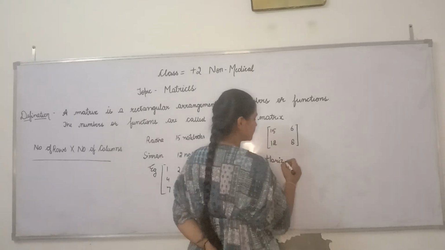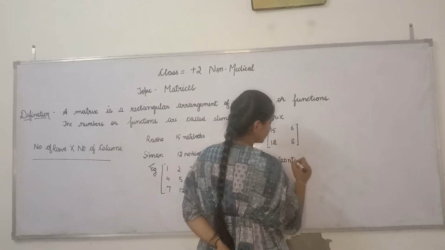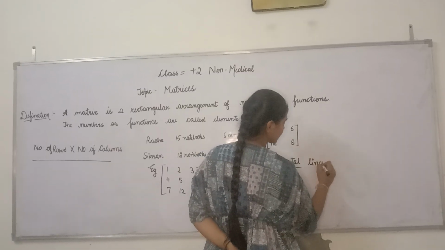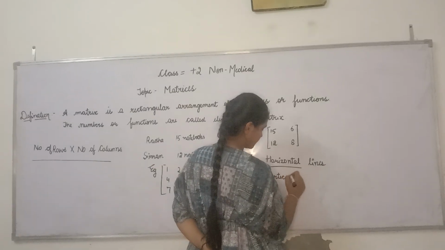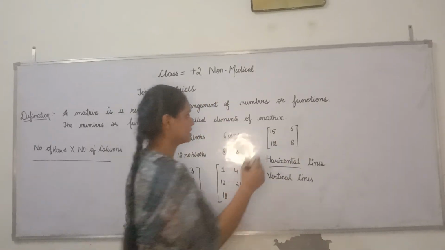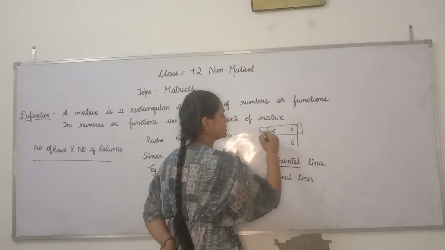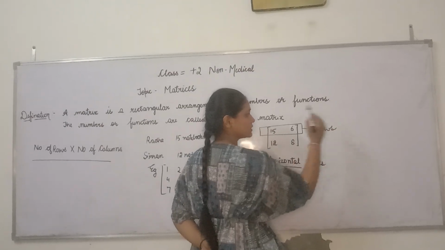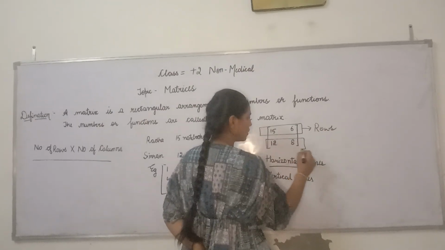Now we have to know which ones are the rows and which ones are the columns. These horizontal lines are called rows.